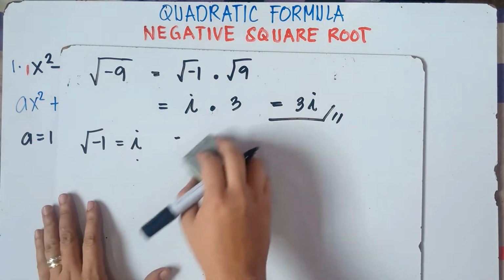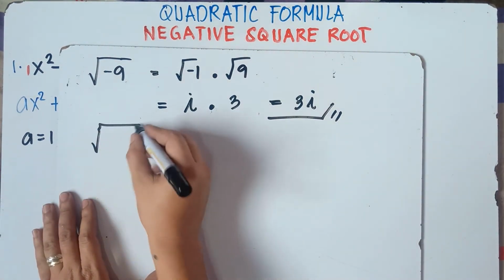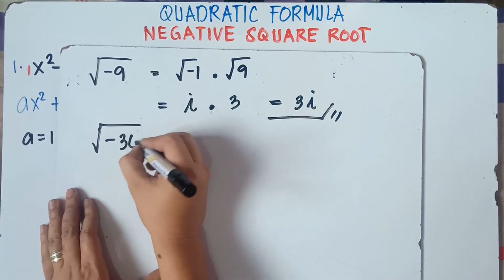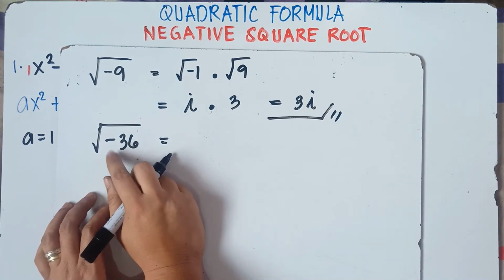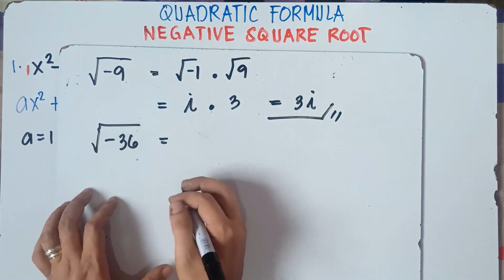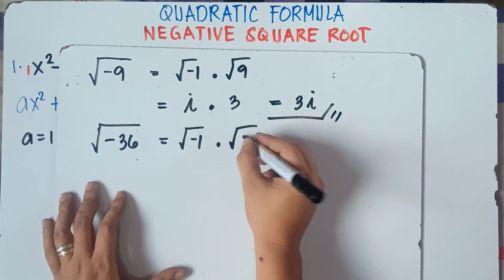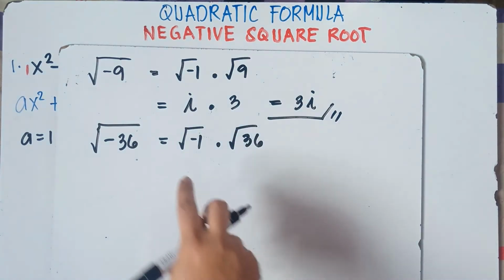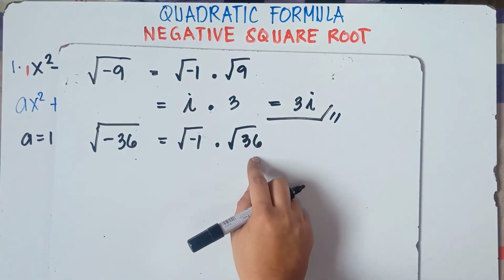Alright? Let's have another example, class. The square root of negative 36. Once again, you need to get rid of this negative sign first. To remove this negative sign in this radical symbol, you multiply by the square root of negative 1 times the square root of 36.